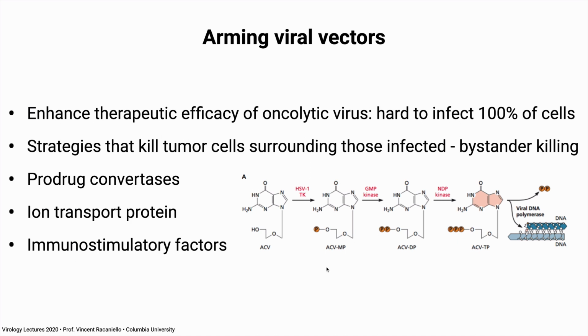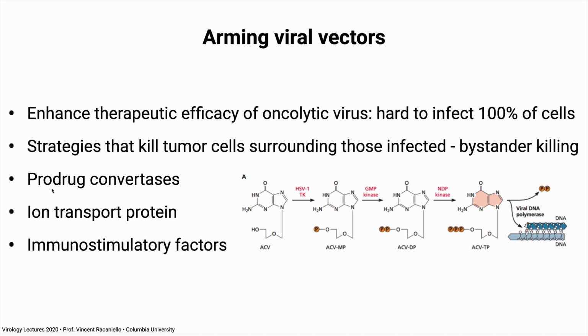Now, if you make a tumor vector and incorporate the TK gene into it, now you could also give the patients a drug that will be phosphorylated by the TK. And that will not only kill the cell, but maybe surrounding cells in the tumor as the drug diffuses out. So we call this arming vectors.